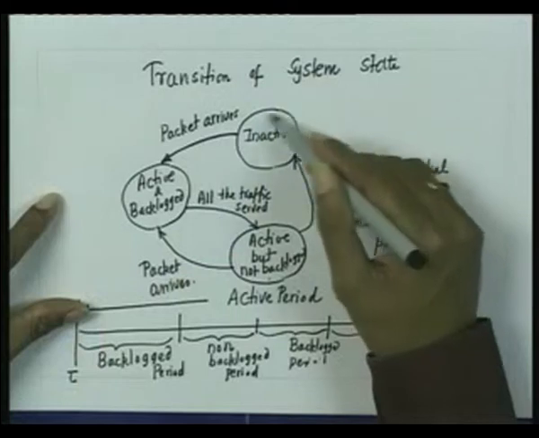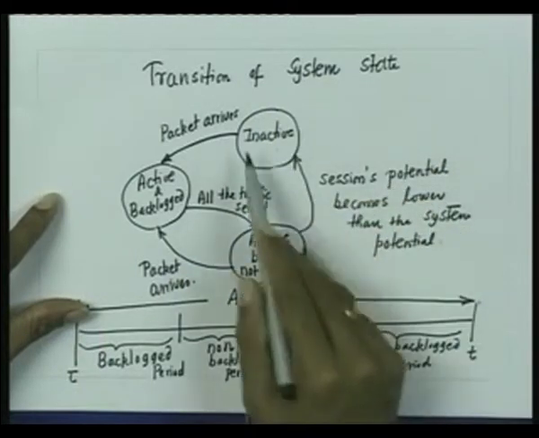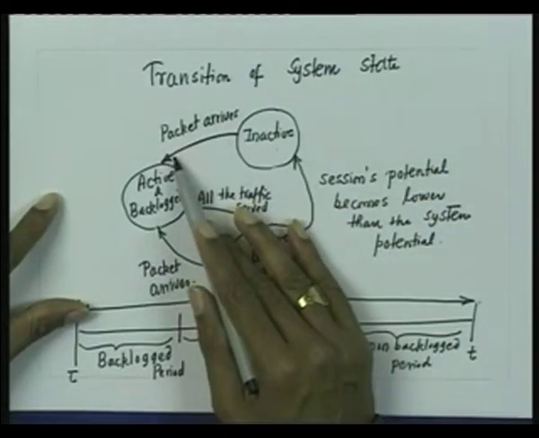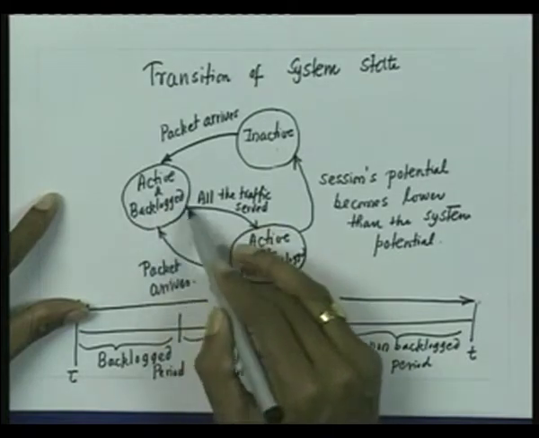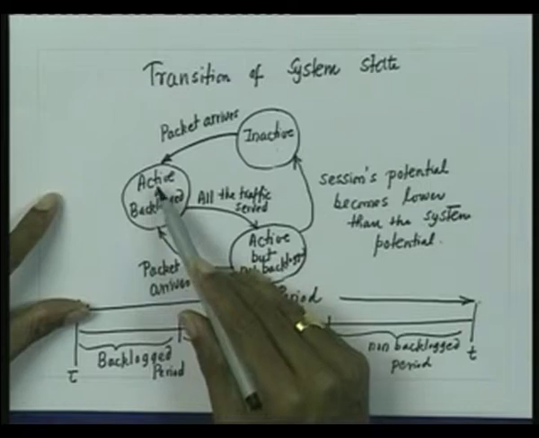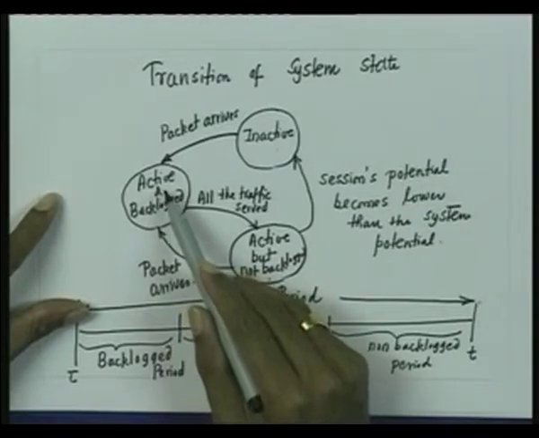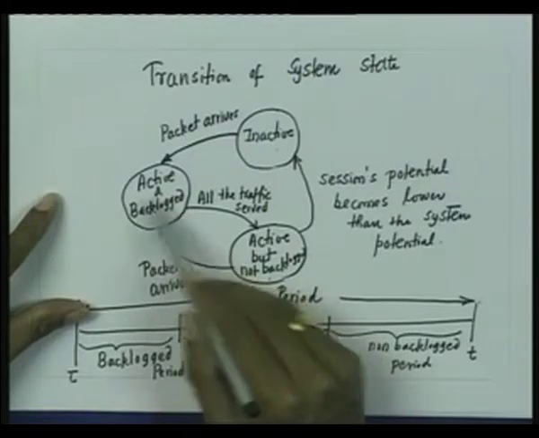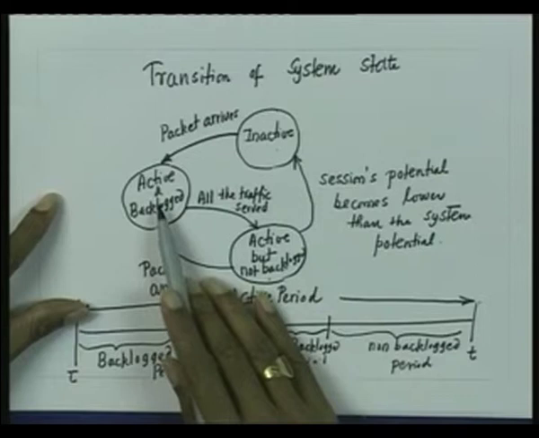So let me just revise that. What we are saying is that a session could be in the inactive state, that is the idle state, and when a packet arrives, the session becomes active and backlogged. We say that a session is in the active state if the session's potential is greater than or equal to the system potential.